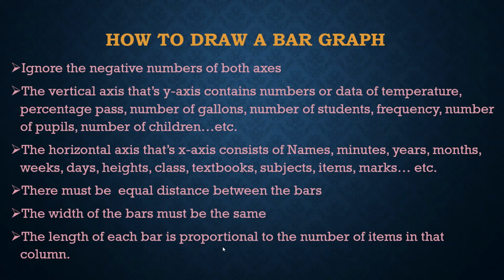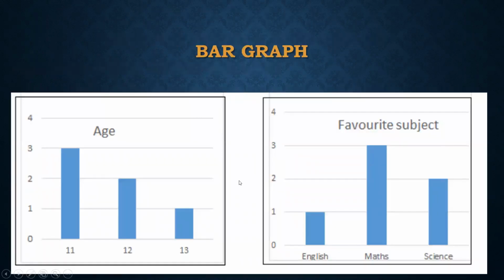There's no need to arrange the numbers from smallest to biggest or biggest to smallest here. So let it be proportionate. Good. Now this is how the bar graph looks like.